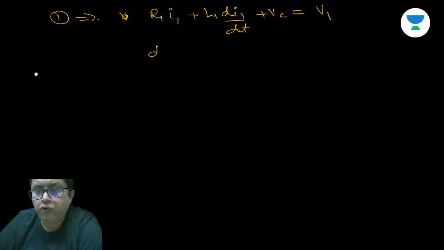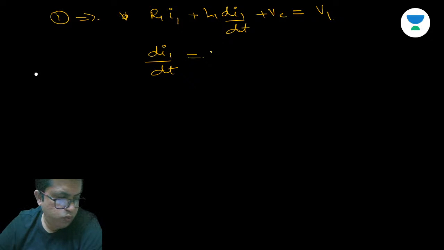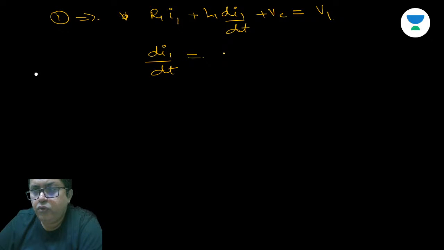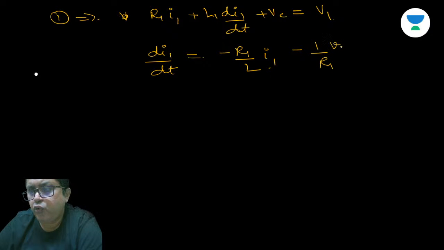Okay, therefore di1 by dt is equal to minus R1 by L1 into I1 minus 1 by R1 into Vc plus V1 by R1.